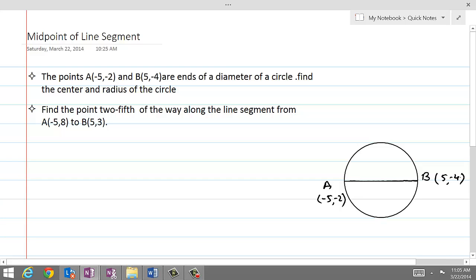If we are starting from A, then this should be taken as x1, y1, and the end point should be taken as x2, y2.